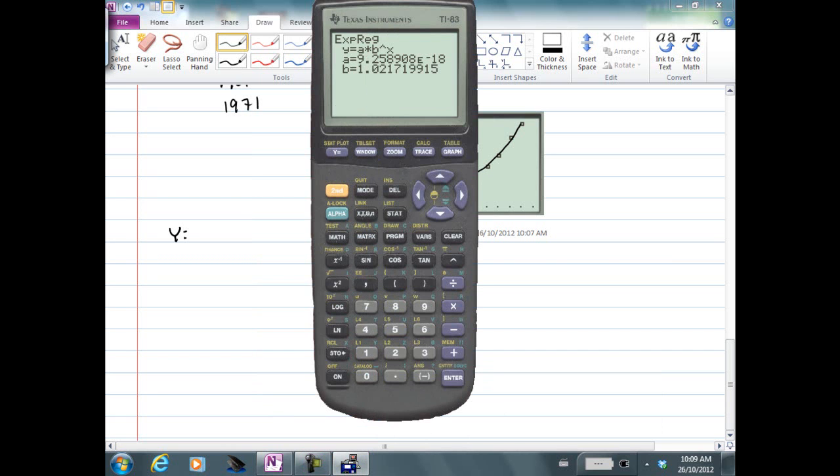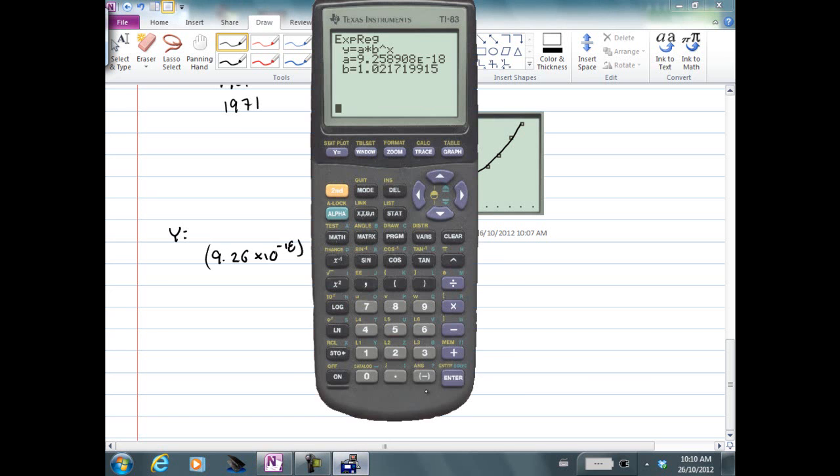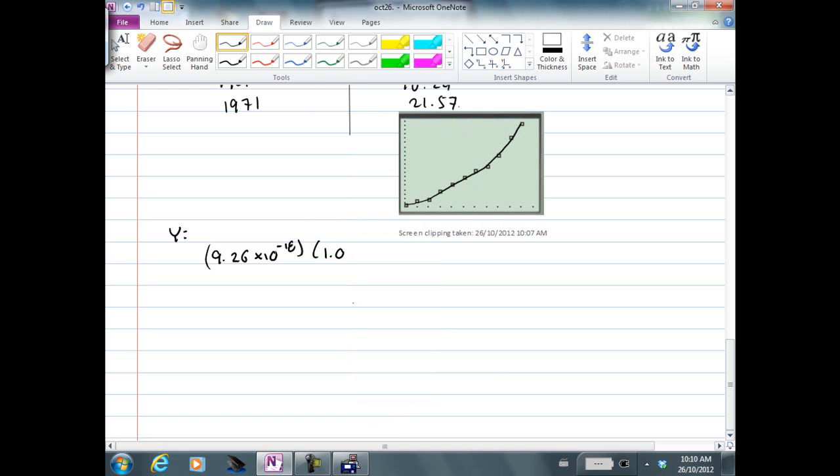Now this value will differ according to how you input in your calculator. Some of you use 0 as x. So 0, 10, 20, okay, that works. But then that will give you a different thing. Okay? It's the same concept, so I'm going to rewrite down what this is. So this is 9.25 or 26 times 10 to the power of negative 18 times 1.0217 to the power x.